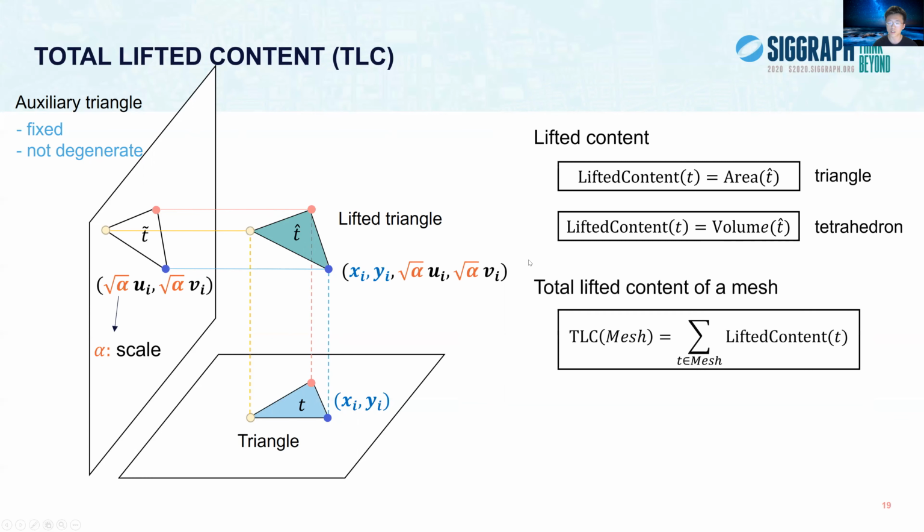Now we define the total lifted content of a mesh to be the sum of all the lifted content of the simplices in the mesh. Notice in this experiment, we use equilateral auxiliary simplices, that is, equilateral triangles in 2D and regular tetrahedra in 3D. This is a simple choice, but turns out to be quite successful in practice. We'll show the results in the experiment section.